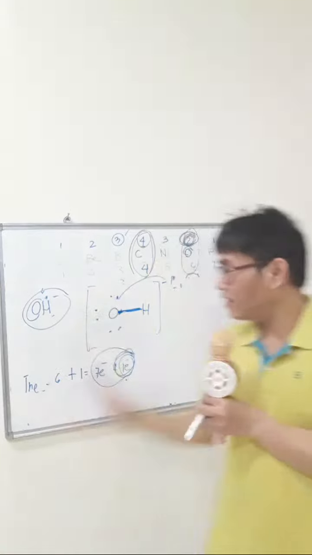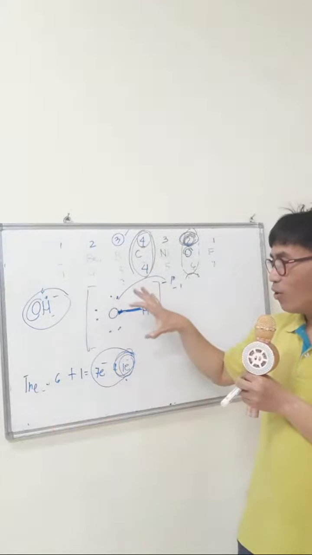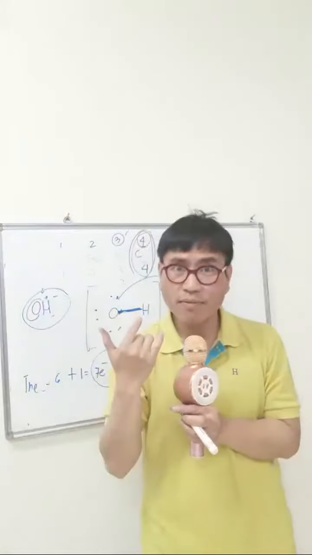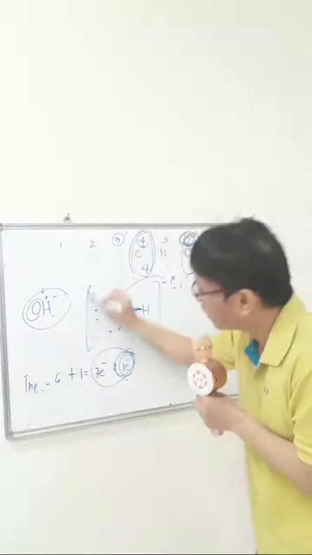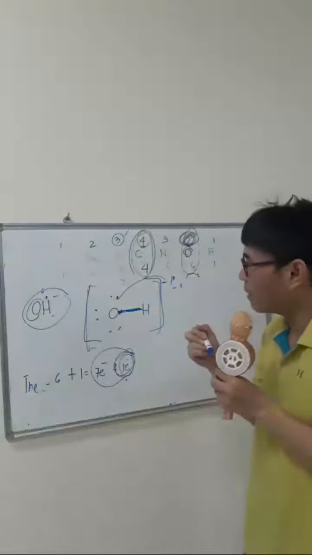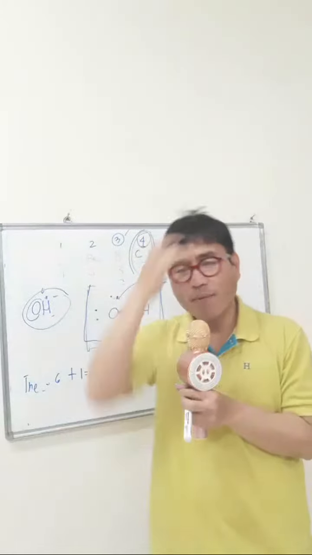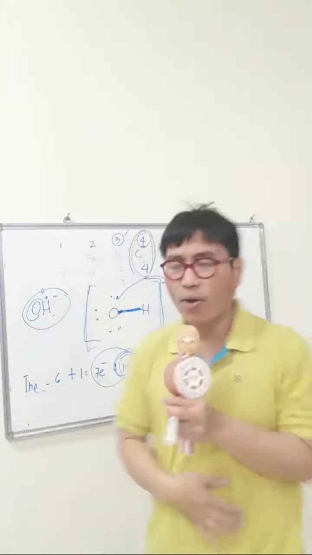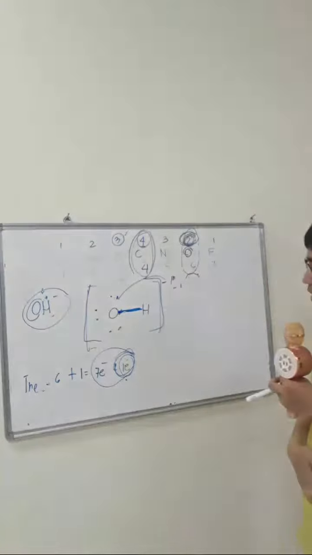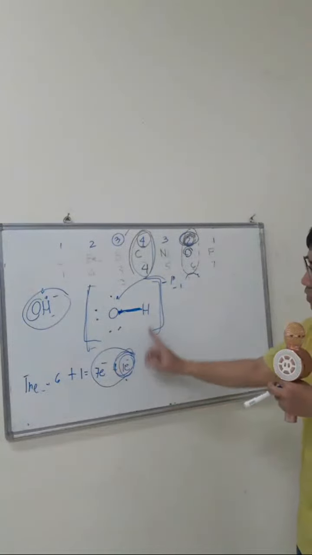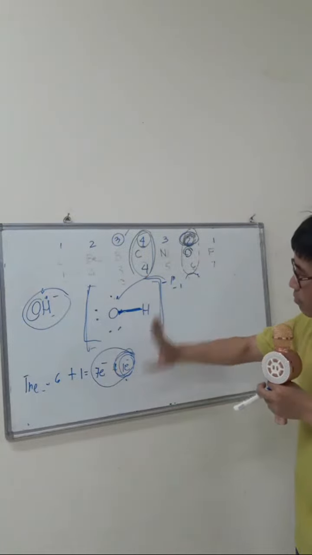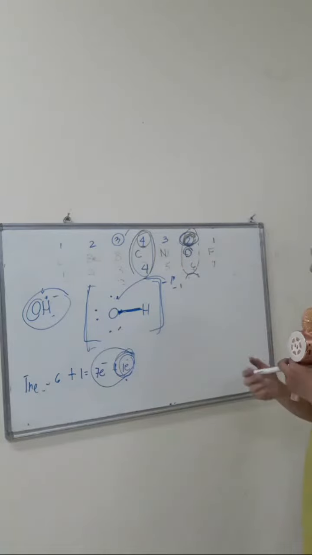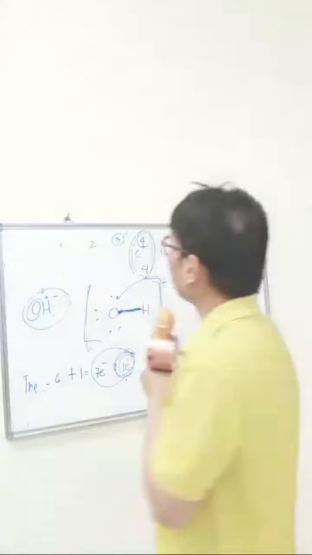When you go out of the shell, it will become positive. If you go out, you transpose the sign. I put that 1 electron here and then transpose to negative 1.